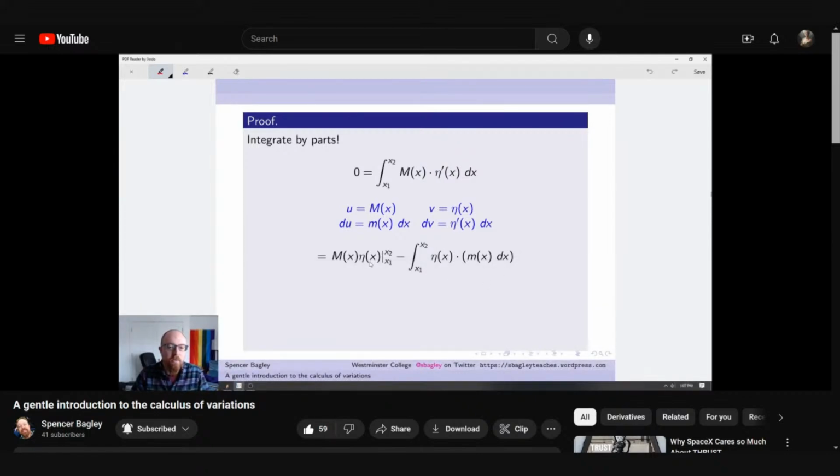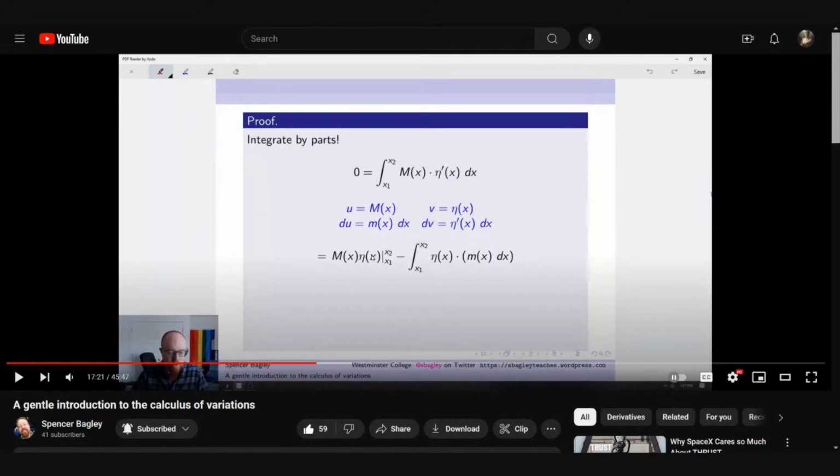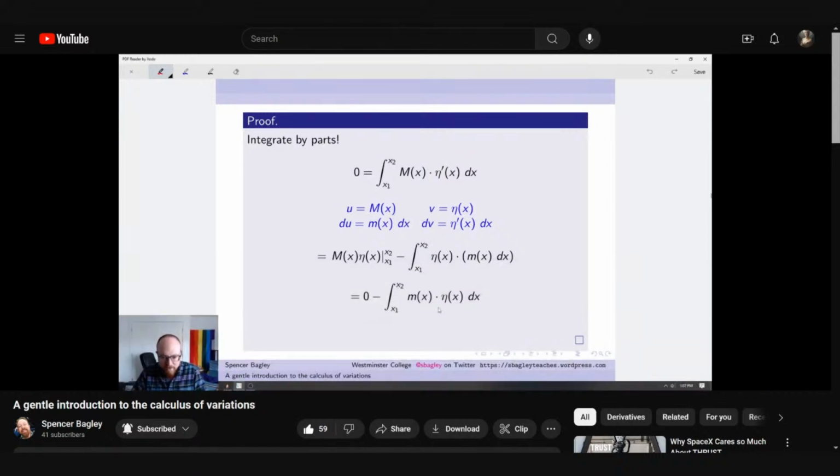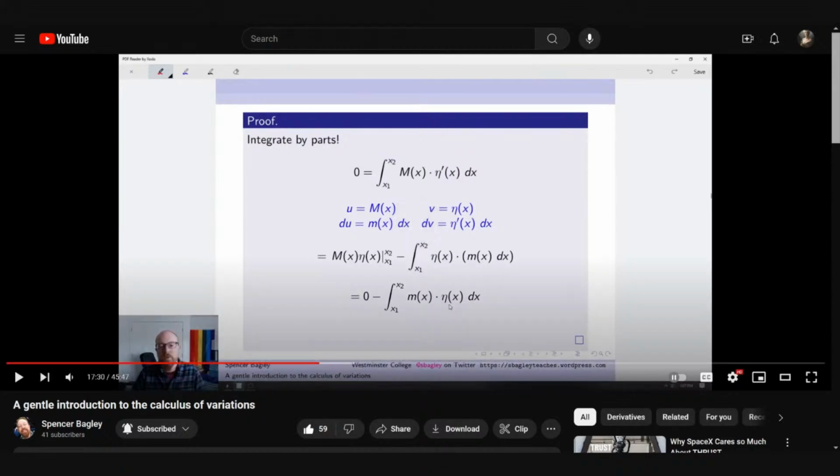Eta is 0 at the endpoints, and so this piece dies, which wow, is nice. And so I just end up with 0. This is negative, replaced m with eta. Negative this integral. But look at this. This integral is the integral that we just proved.